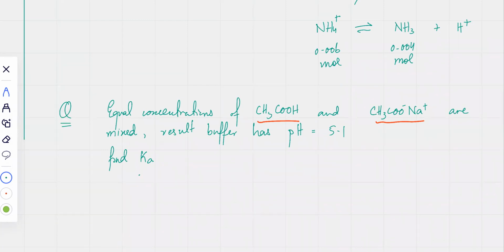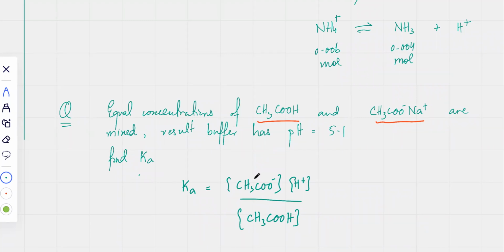Both things are given. You have to find K. What's the expression for K? K is the conjugate base concentration, which is CH3COO-, times the H+ concentration, divided by the weak acid concentration, which is CH3COOH. So that's your expression. Now the only thing that's given is the pH.